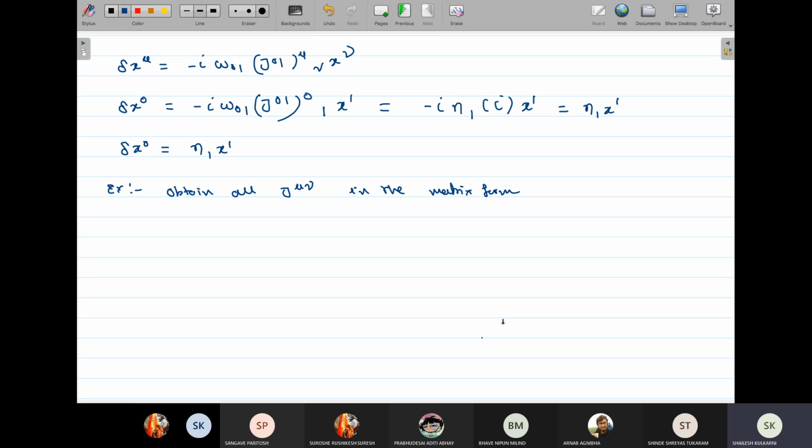How will it transform under rotation? But that 1 0 is a 2 cross 1 matrix, and how will you act a 3 cross 3 matrix on that 2 cross 1 matrix? So there is a clash, right? You cannot directly use this three-dimensional matrix.